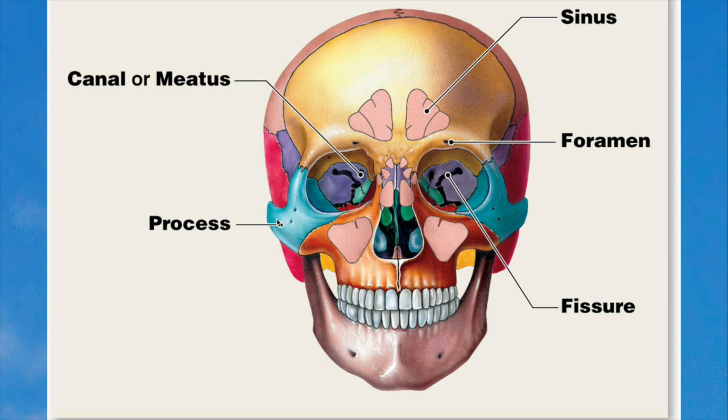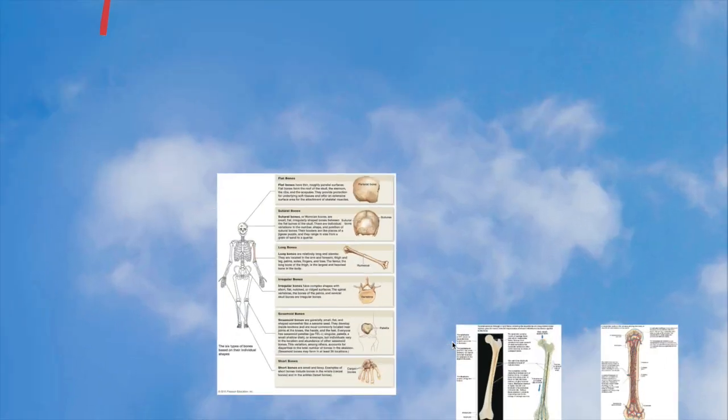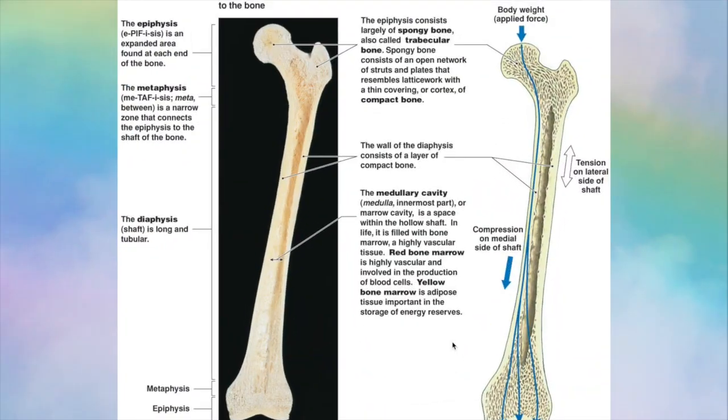Elevations or projections form where tendons and ligaments attach and at joints. And then depressions, grooves, and tunnels indicate sites where blood vessels or nerves lie alongside or penetrate bones. So like these holes you see, there's a nerve or a blood vessel that runs through them. And learning all of those will be the topic of the next chapter.